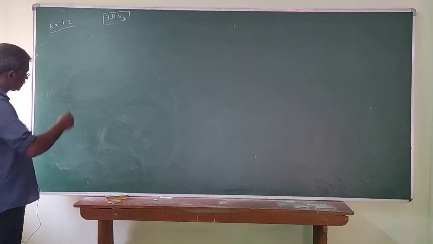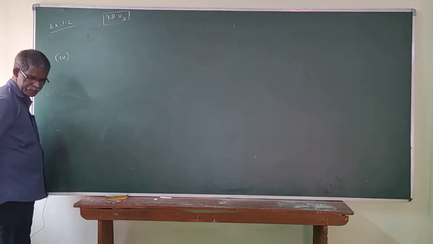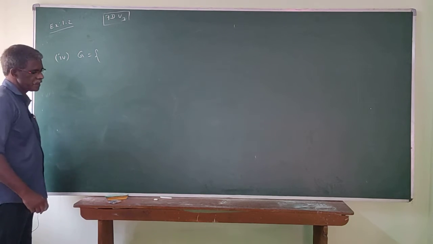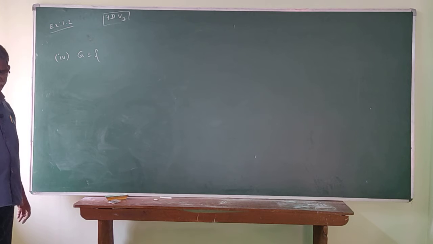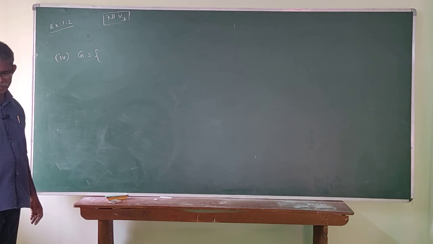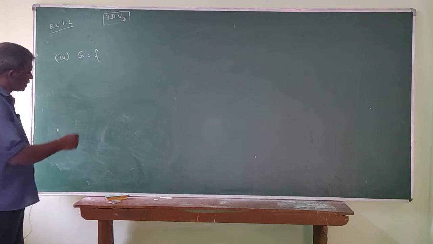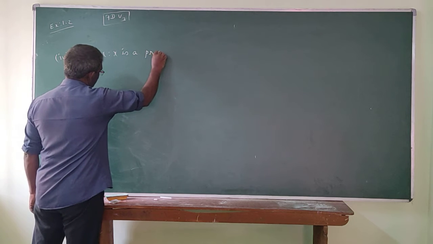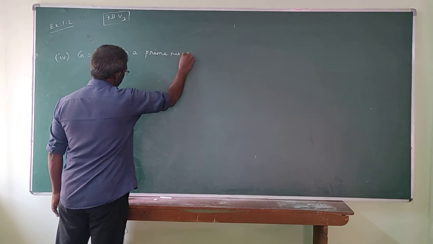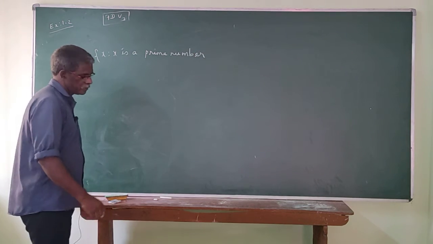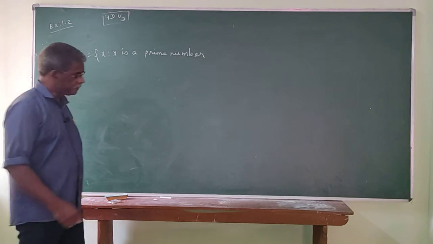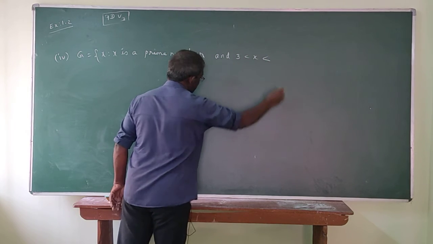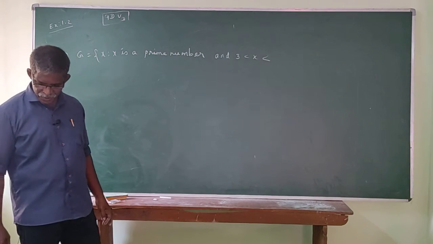Then question number 4. G is equal to {x such that x is a prime number and 3 less than x less than 23}.